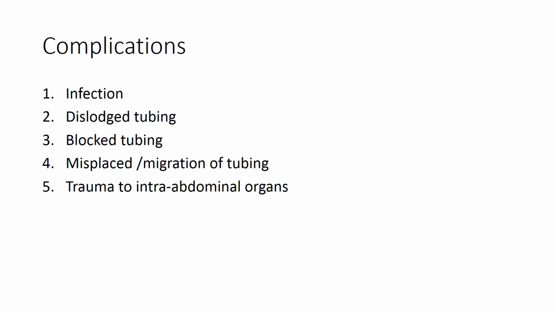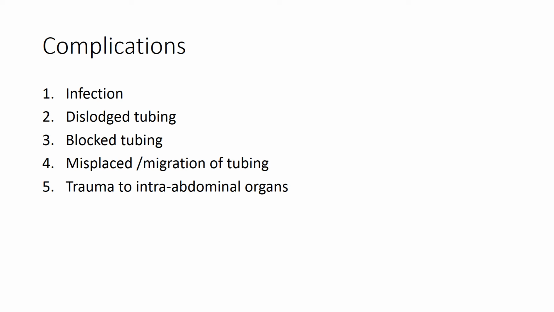So what can go wrong with this setup? Well, the first thing, just like with conventional peritoneal dialysis, is infection. So as usual, we use aseptic technique when the tubing is being inserted to make sure that no infection is introduced into the peritoneum. The second thing is we give prophylactic ceftriaxone before the insertion.